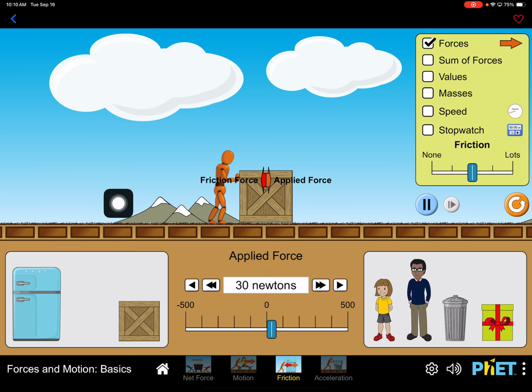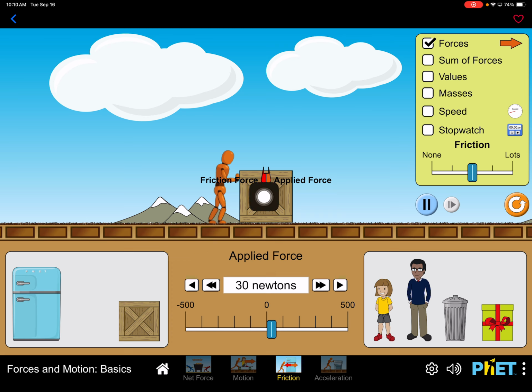This guy is pushing the box with a force of 30 newtons. Why is the box not moving? There's a friction force in the opposite direction. And so it's not moving.